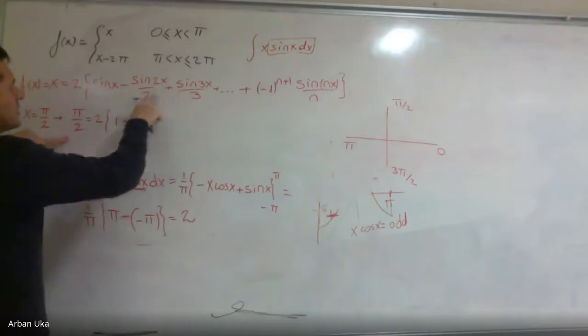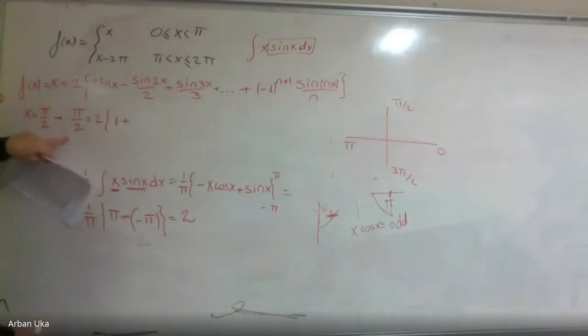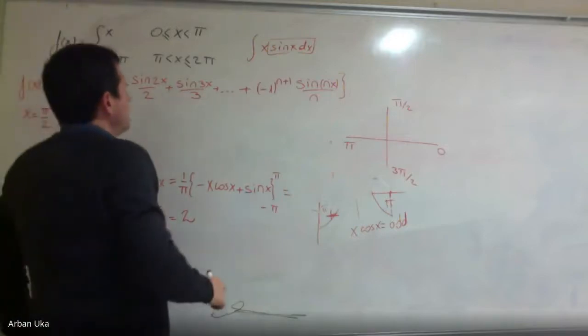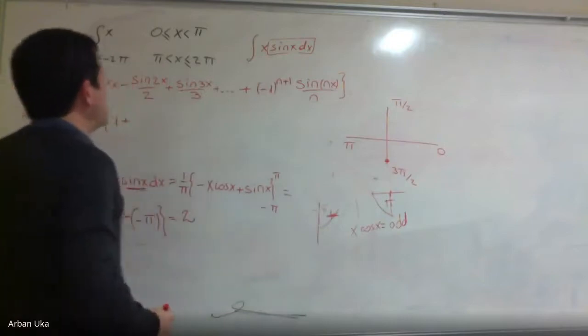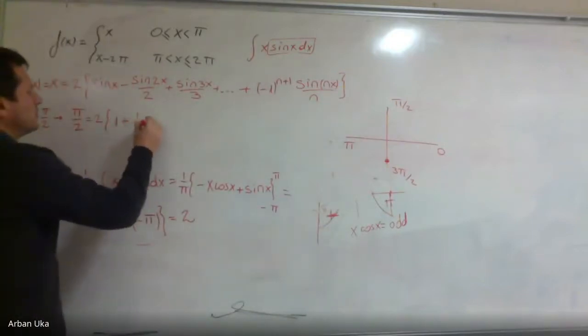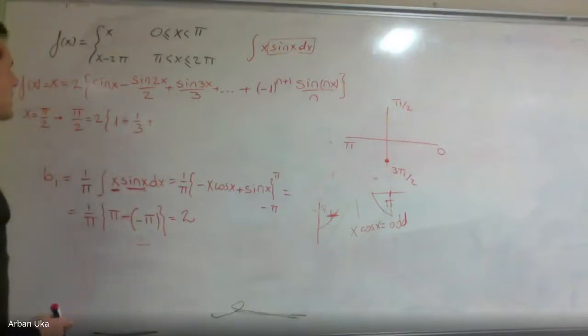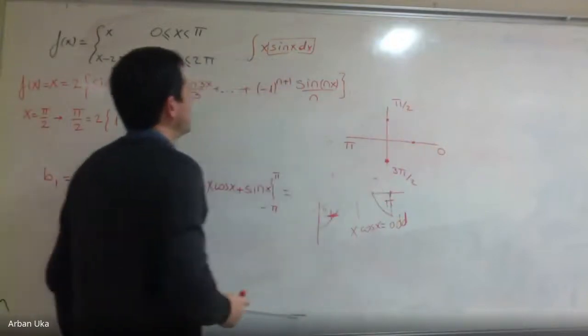Plus sine 3x, we have sine 3 pi over 2, where sine is equal to minus 1, so here we have minus 1 over 3, plus the next term will be 0, because the sine ends up at pi, and then it becomes plus 1.